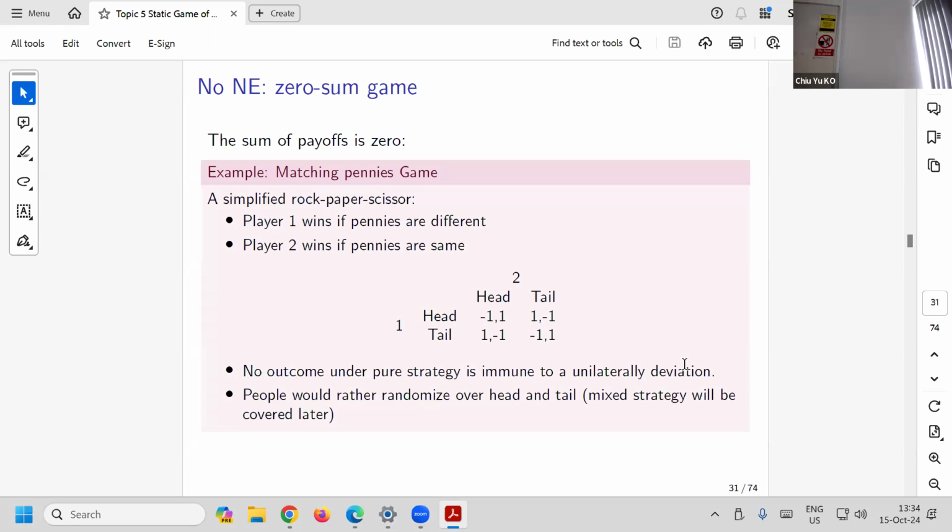Just like rock paper scissors. What is the winning strategy? It is not to choose a particular form. You would not always choose rock, or scissors, or paper. You would choose each with probability 1/3. That is the best strategy that you should use. But we'll talk about this soon.